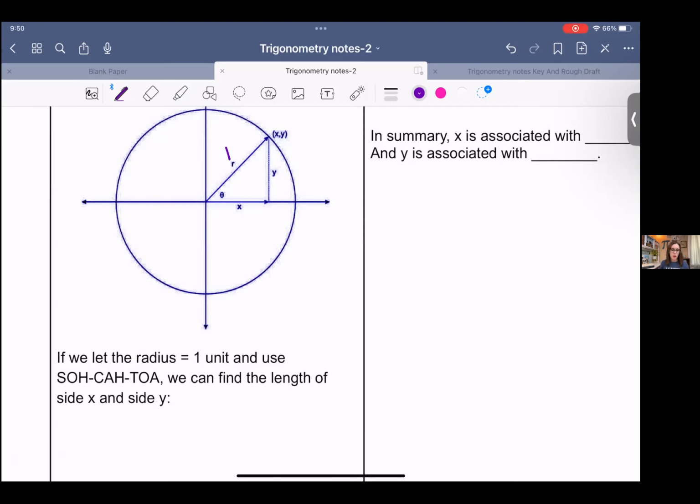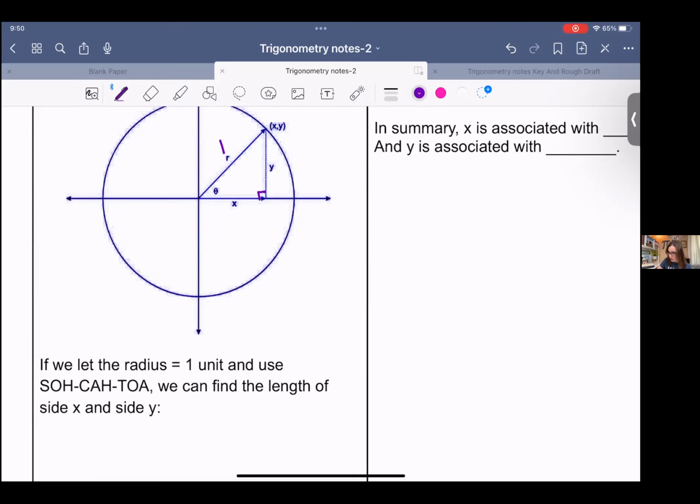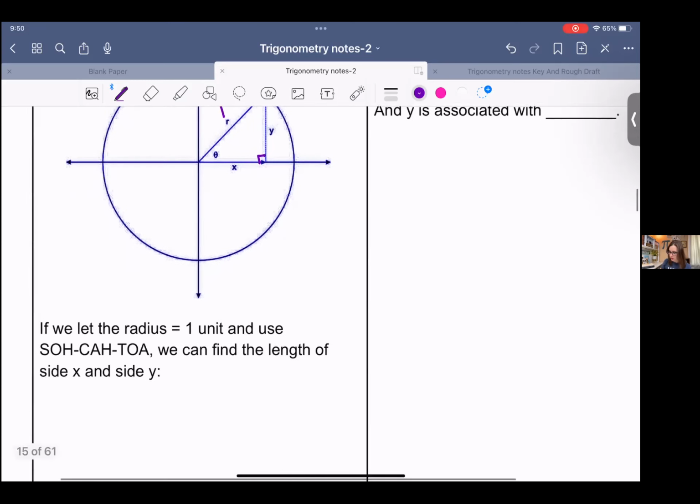And we're going to be using this all the time. Cannot stress that enough. So we want to find X and Y using SOHCAHTOA so that we can formulate some important things we need. All right, so if we're considering angle theta, and 1 is the hypotenuse, then we can say the sine of theta is opposite, which is Y, over hypotenuse, which is 1 in this case.